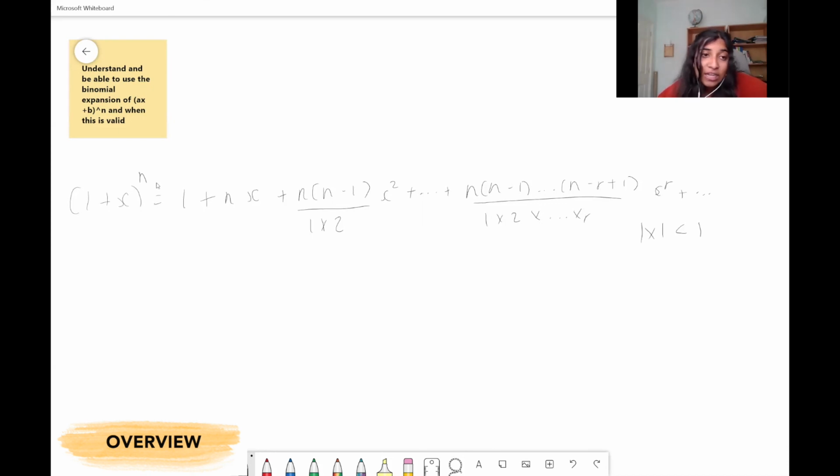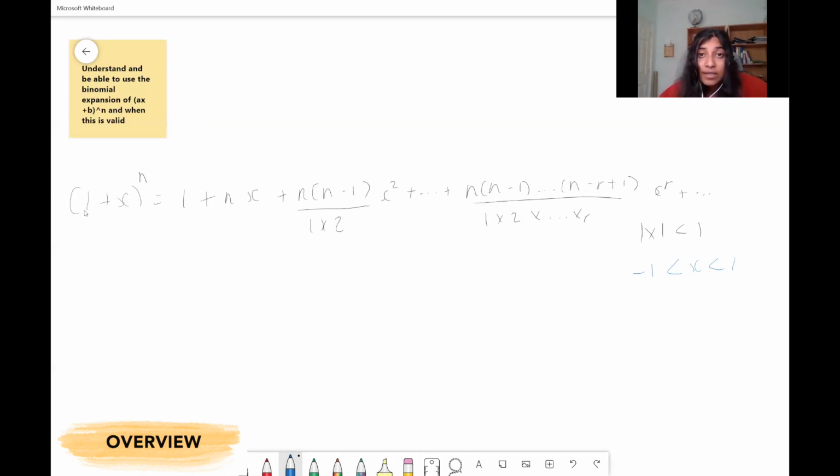So if, let's say, you had a value of 2x, you can't have that. This means the value of x has to be in between -1 and 1. So if you've forgotten how modulus works, make sure you review that lesson again.